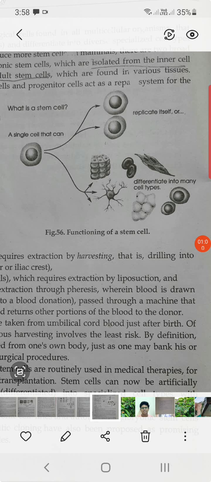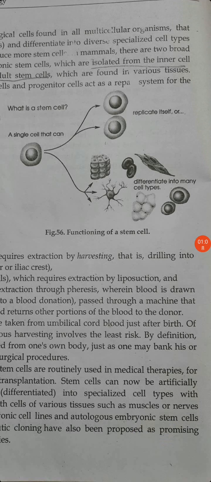So, this is the introduction of the stem cell, but actually, we have to study the stem cell during the development of the embryo. We know that there is a fusion of male and female gamete, zygote is developed, and that zygote divides through cleavage, and a bunch of cells are formed called morula or blastula.